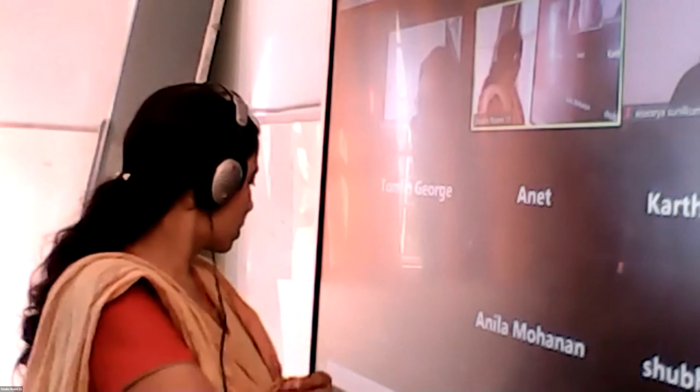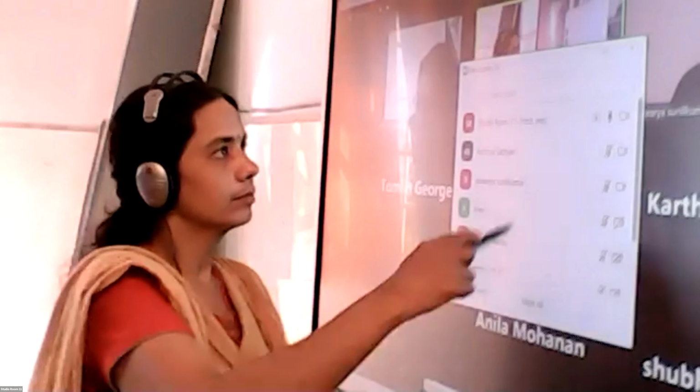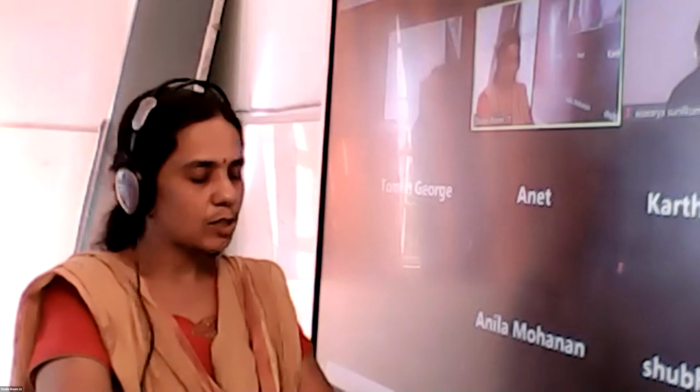Next one. A shopkeeper sells an article at a listed price of rupees 1,500. The rate of GST is 18%.